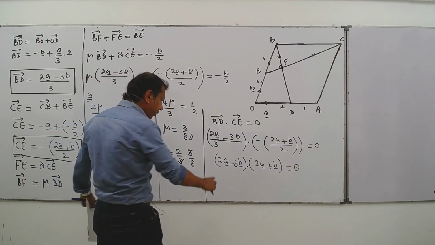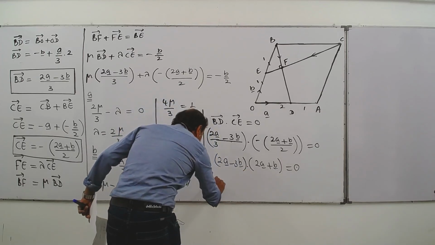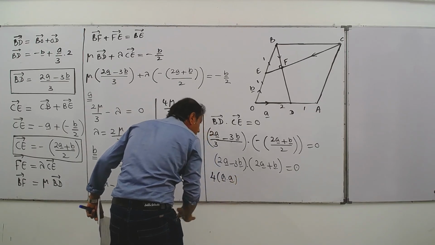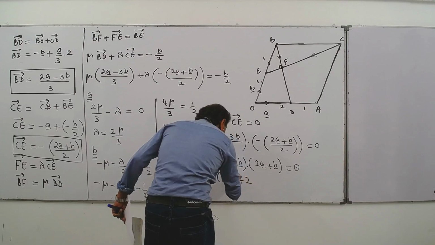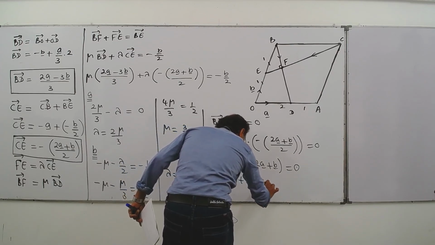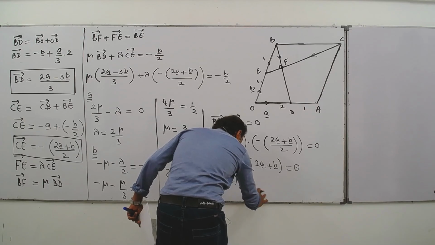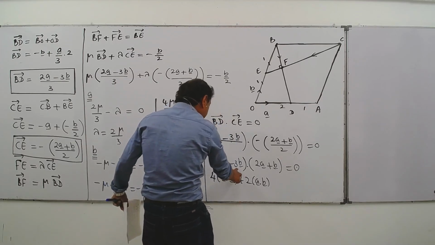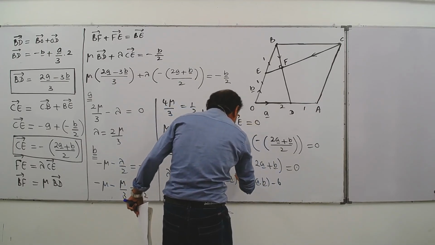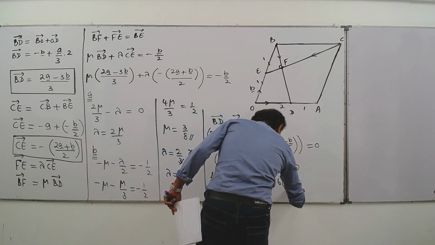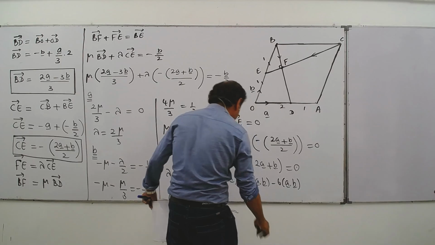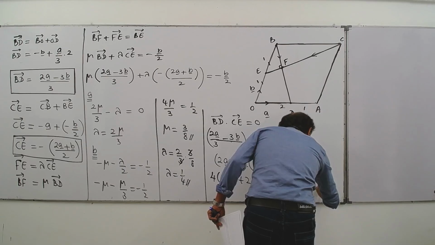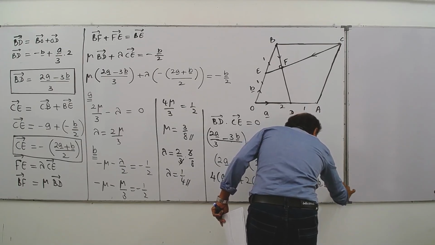Then we get 2 and 2, 4, A dot A, plus 2 A dot B and next one minus 6 B dot A. B dot A same as A dot B, we know that, minus 3 times B dot B is equal to 0.